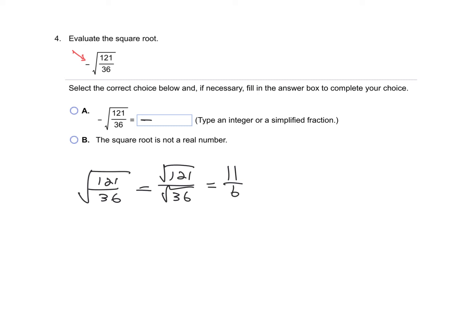Okay? And as you can see, if we went backwards and we said, what is 11/6 times 11/6? We would get 121 over 36, because you do numerator times numerator, denominator times denominator, okay? So when you take this and square root it, you get 11/6. And of course, we knew that it was supposed to be negative because they put a negative out front, and that's the answer. So it is A.